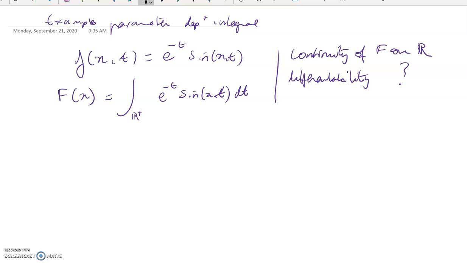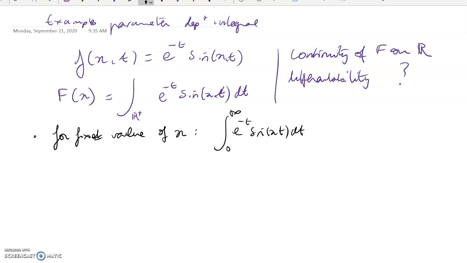We're going to apply those theorems. First of all, for a fixed value of x, what about the boundedness of this integral, e to the minus t sine of xt dt from 0 to plus infinity?